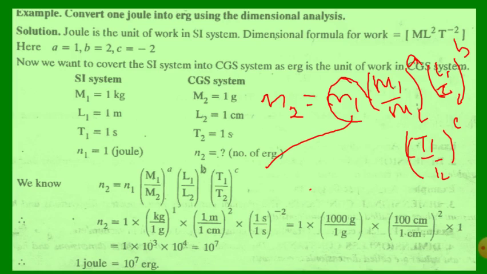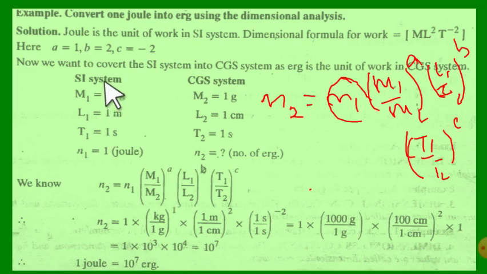Here it is given as N1 is equal to 1, that is 1 joule. This will all be for the first system of units. Let's take it here as SI unit.